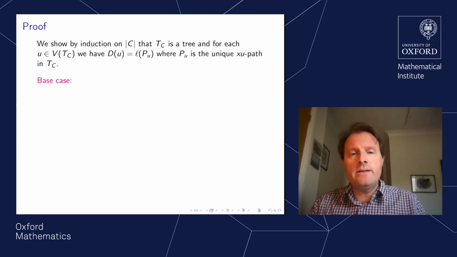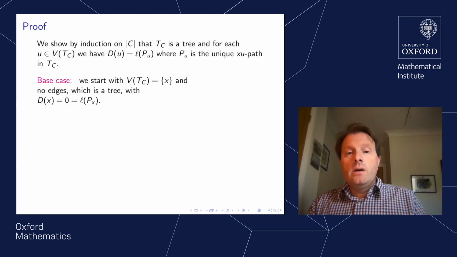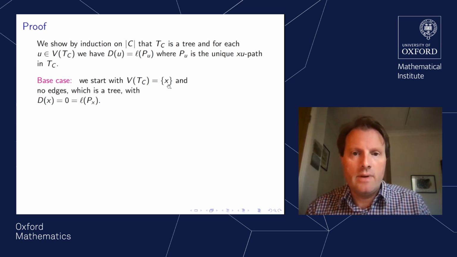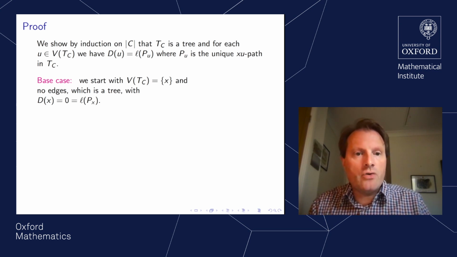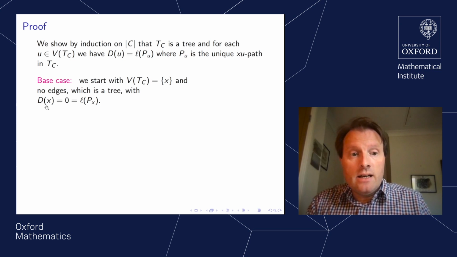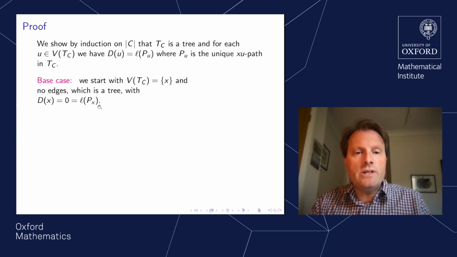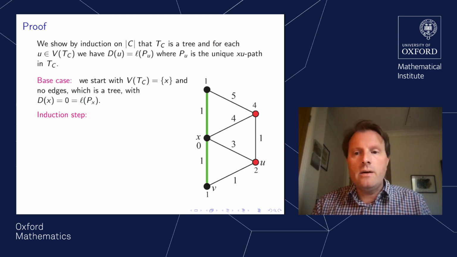Okay, so the base case is pretty straightforward. The very starting case is where the vertex set of TC is X. It has just a single vertex in it, no edges. It's definitely a tree, and D of that vertex X is the correct value. It's 0, which is L of PX. Okay, so now we're going to do the induction step.